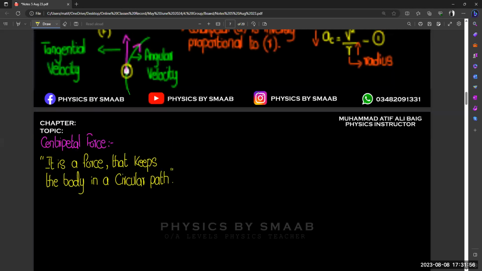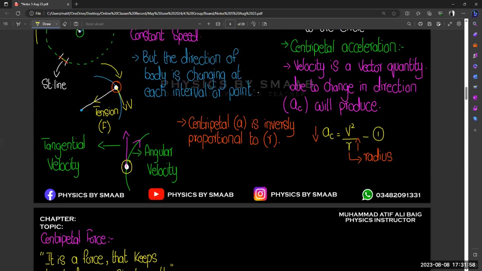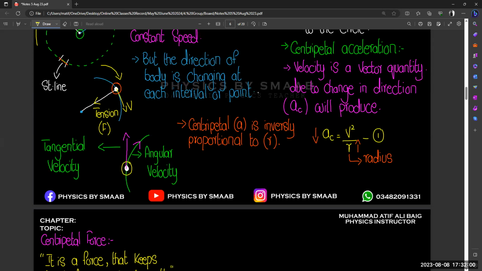There is a string connected with the body, and that string is responsible for the circular motion of the body. So the resultant force that acts on the body and keeps it in a circular path is known as centripetal force, right?